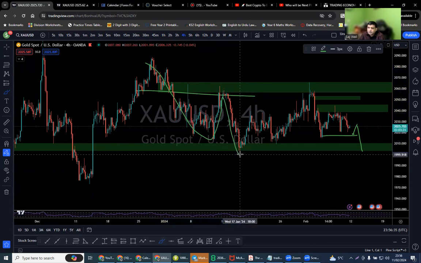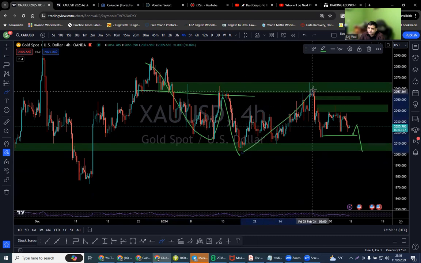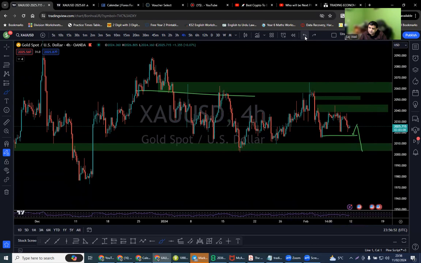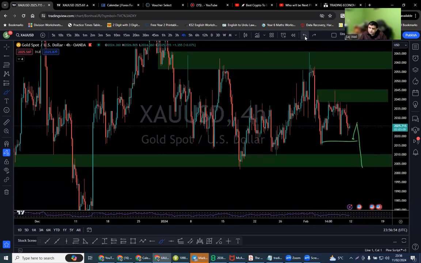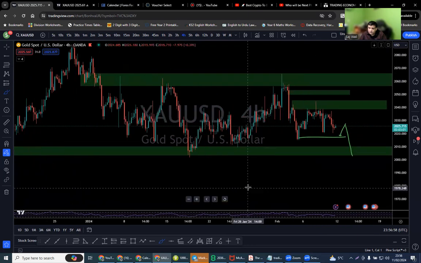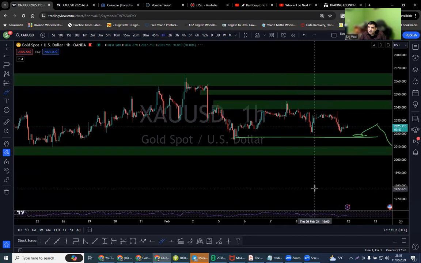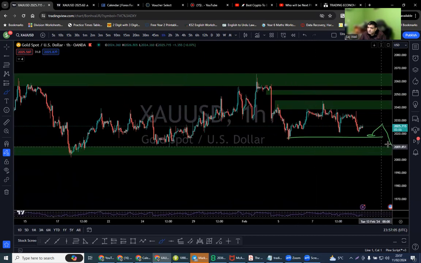The 4 hour market is bearish. We definitely can expect here. It may be in the form of going up here, there, or then coming back straight, or even without going there, it can come down. So that's 4 hour market structure. And let's see what's happening in 1 hour.